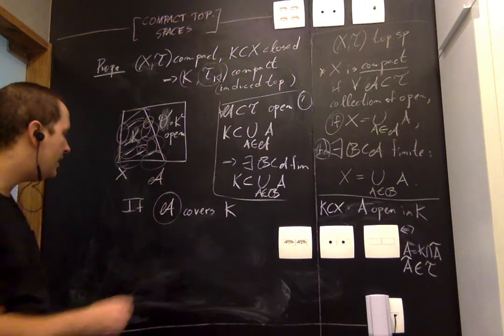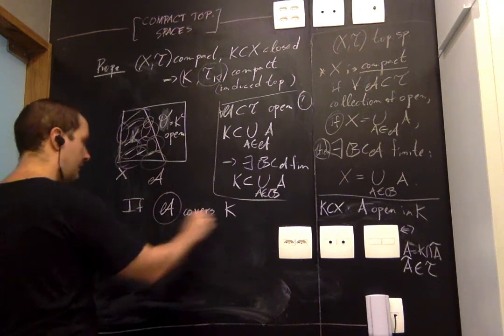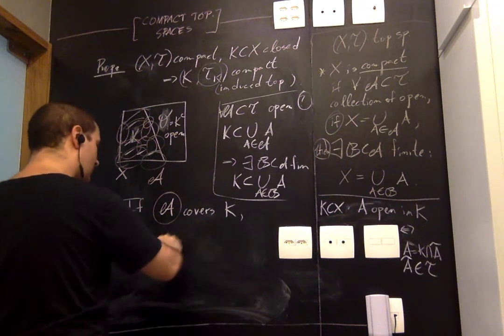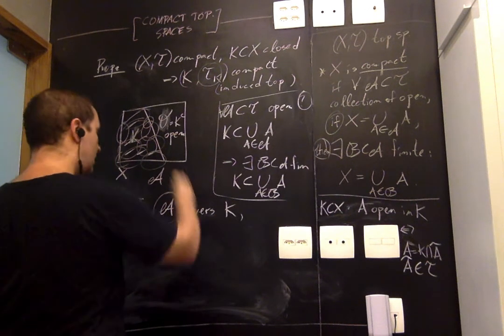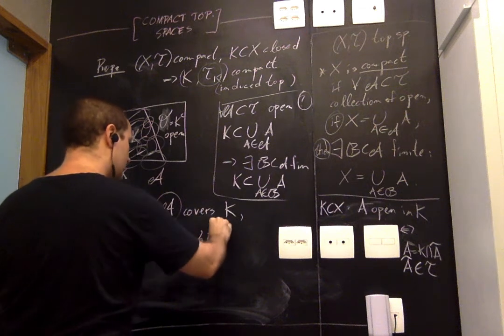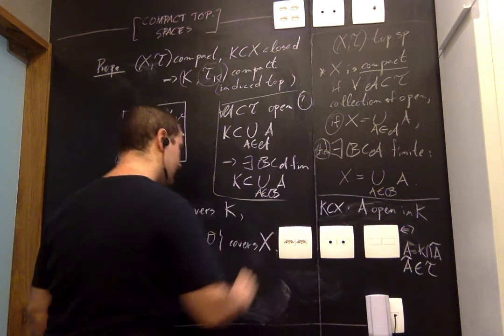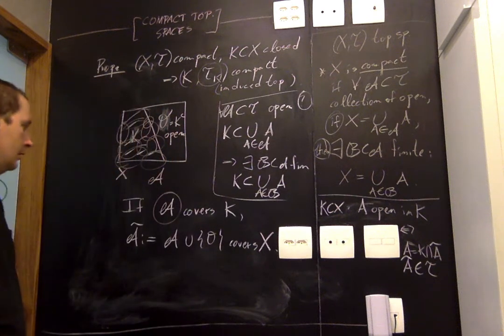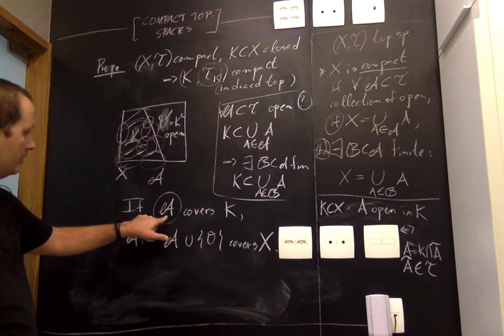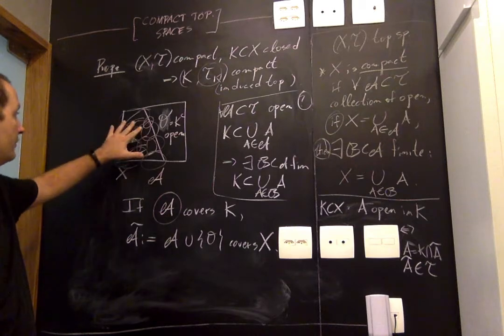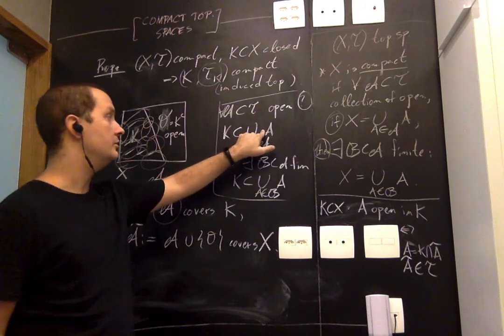My claim is that if A covers X, then A tilde, which is simply equal to A union K complement, which is O, covers the whole space. What do I mean by that? So remember, my assumption is that I have this collection of open sets that covers K. So K is contained in the union.